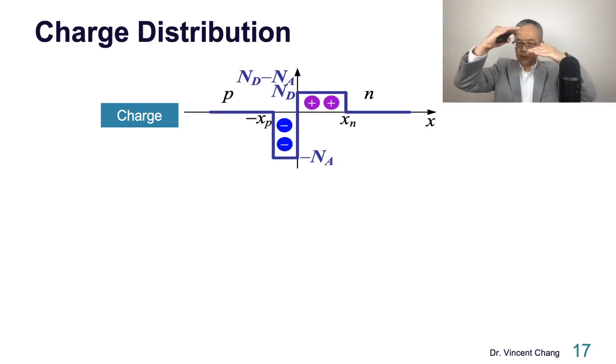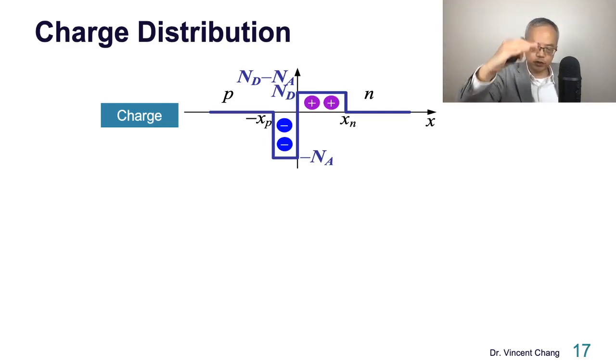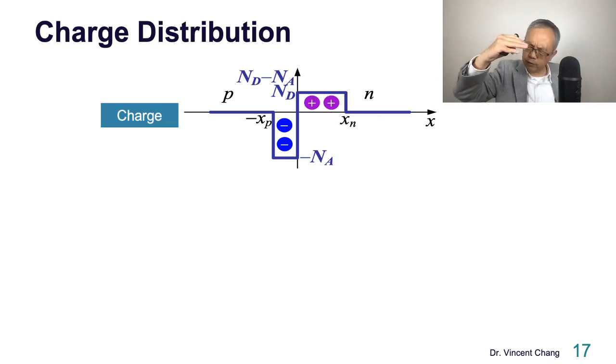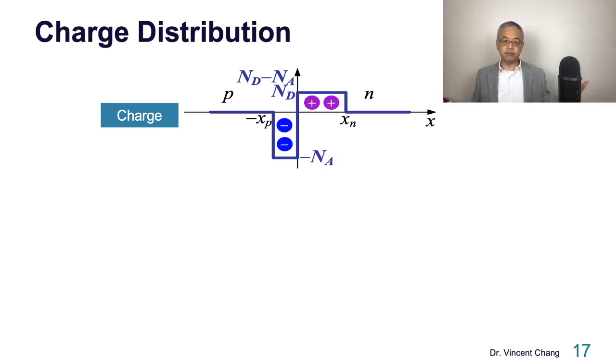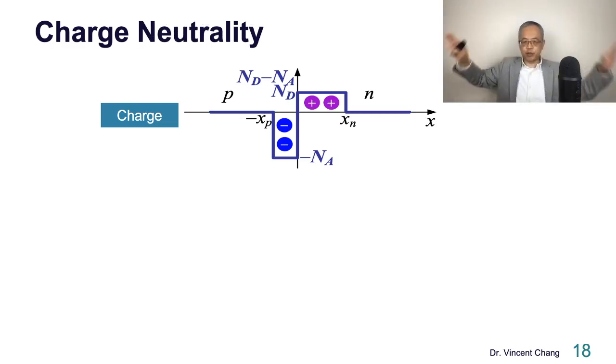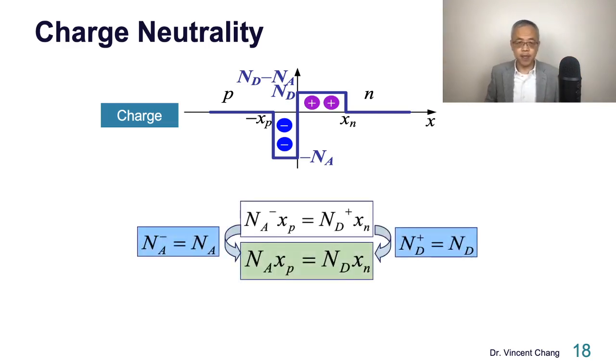The donor atom concentration distribution is uniform. So uniform charge distribution, and then what will be the electric field distribution? Linear, right? Linear. But outside the depletion layer, there's no field because there's no charge. There will be no electric field.